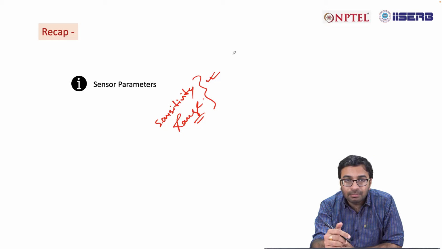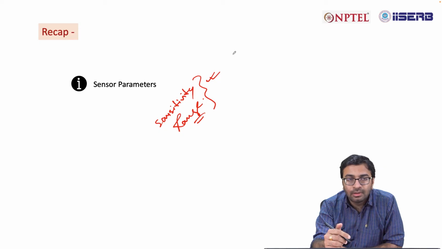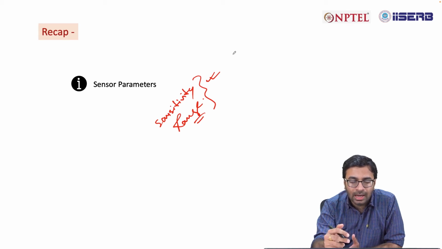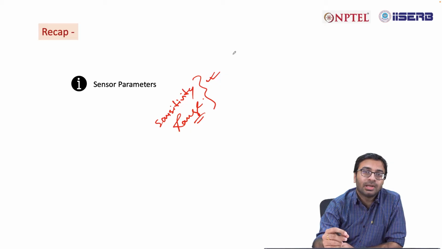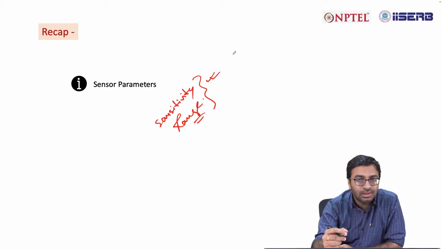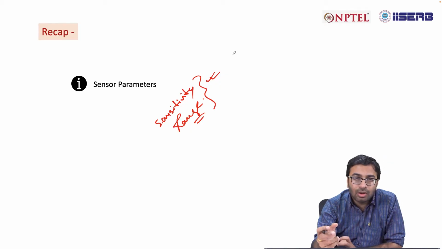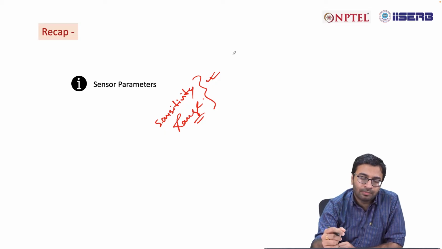If you buy a commercial sensor, you may find that in the data sheet the sensor manufacturer will provide you a calibration curve and may not explicitly mention many of the parameters that I have discussed. But from the data sheet or from the calibration curve itself, you will be able to extract that information.